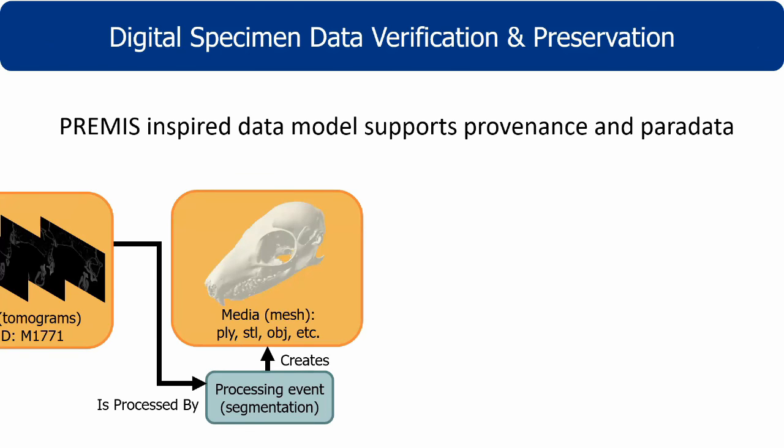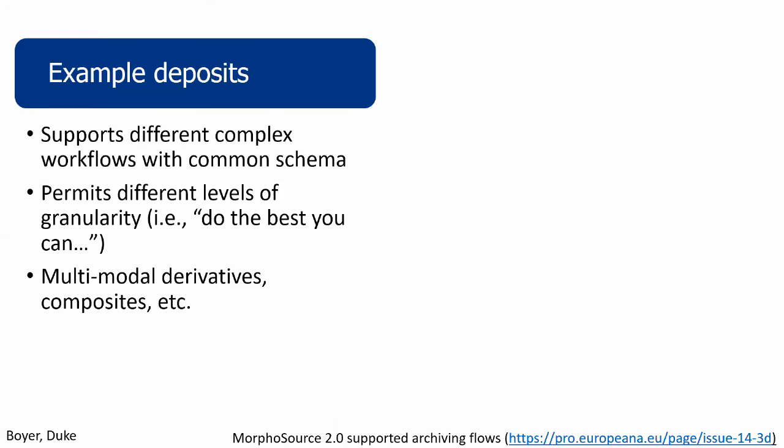So this is, underneath the user interface, how records are related in MorphoSource. And it adds a lot of flexibility for describing complex data creation processes under a common schema.